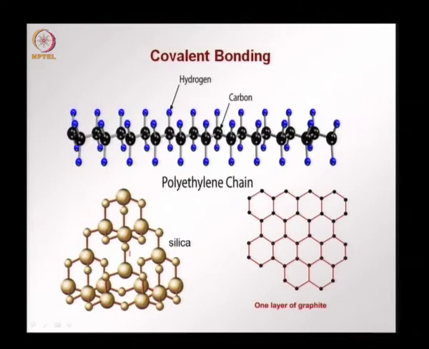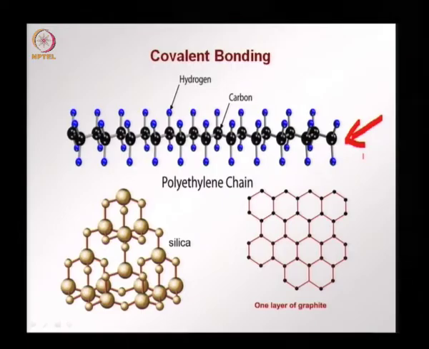So, as we said, we can have long chains occurring like in polymers, where we have here in polyethylene a chain of carbon and hydrogen. The black spheres represent carbon and the blue spheres represent hydrogen, and you find that the angle between the bonds has to be specific because they are directional.